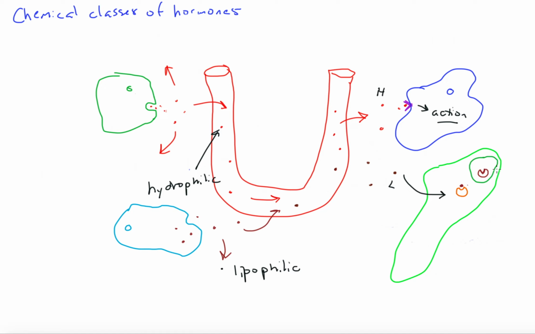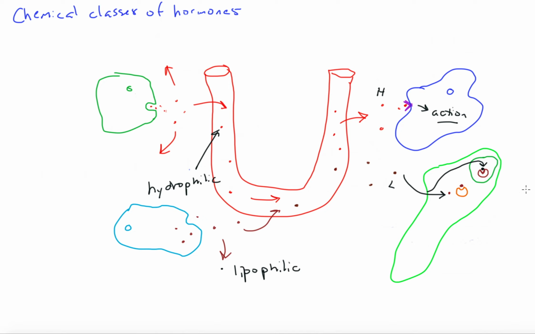And so our molecule can diffuse in. Here it's diffusing in, and it can bind a cytoplasmic receptor, or it could diffuse in and go through the nuclear membrane as well and bind there, right? So the receptor could be either cytoplasmic or nuclear.